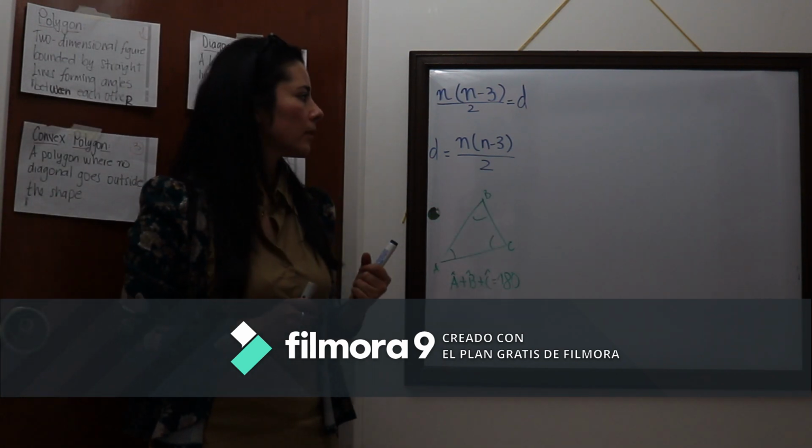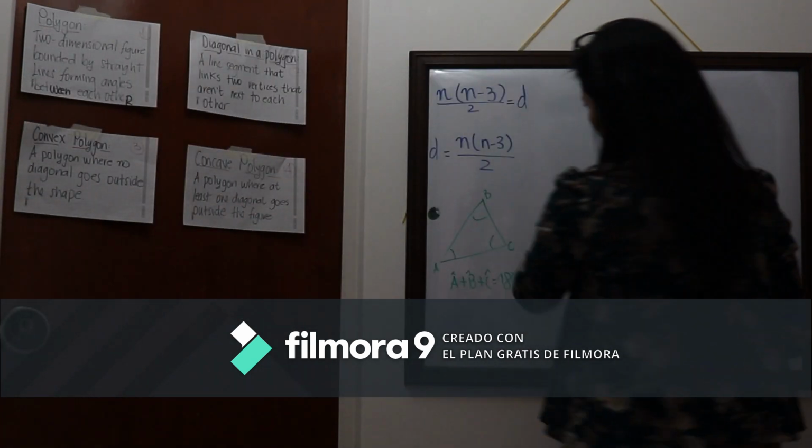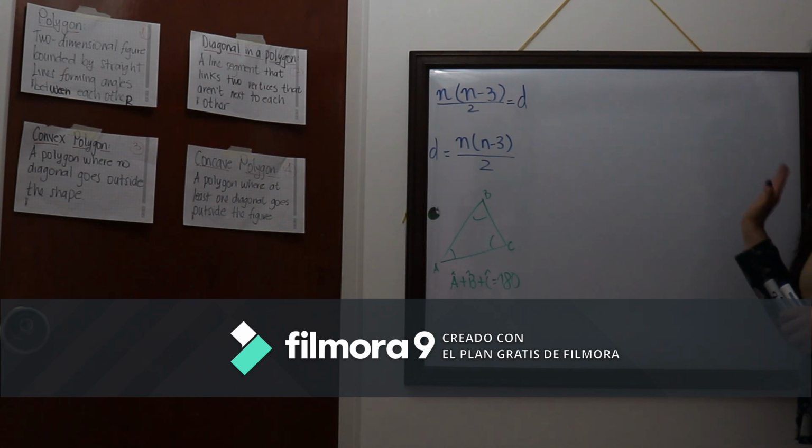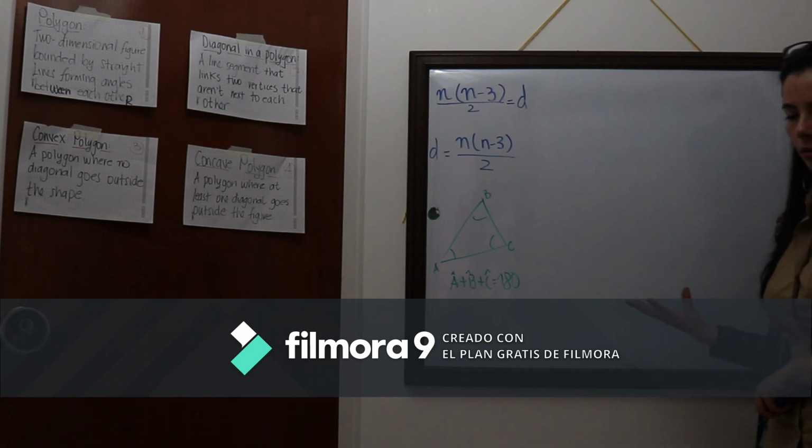We know that. But how do we work it out for every single type of polygon? How can we make it clear for everybody? Now, of course, we need to understand how we are going to get the triangles, right?